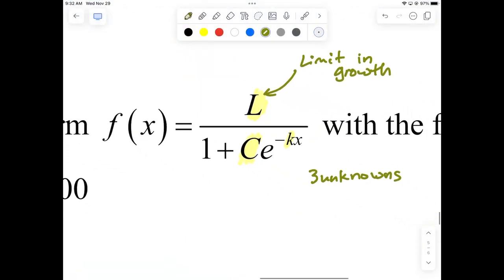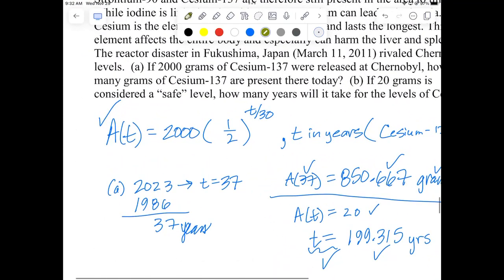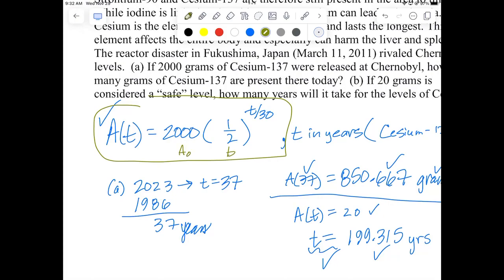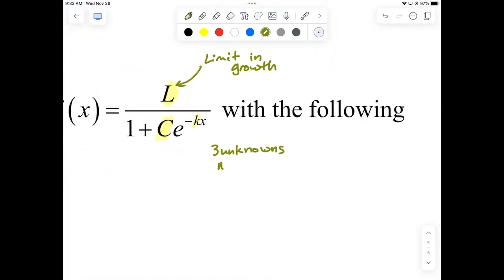I'm going to close this window here. I have 3 unknowns. If I ask you to write an equation of a logistic model, it's not as simple as what we did right here, where we just had 2 unknowns, the base and then the a sub 0, right? We have to have 3 pieces of information. With 3 unknowns, we need 3 pieces of info.